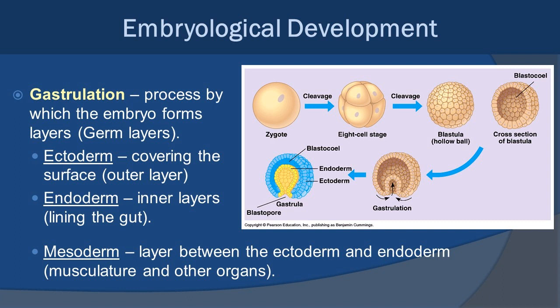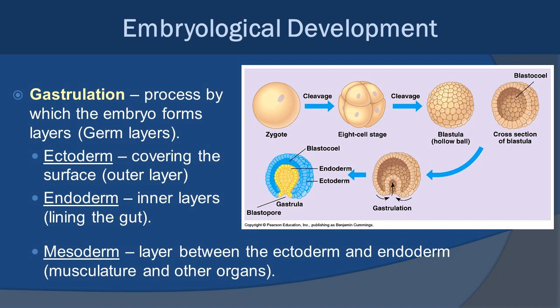Now, there are three different tissue layers that we can talk about. There's ectoderm, which is the covering of the surface, that outer layer. The endoderm, that inner layer that lines the gut cavity. And the mesoderm, that layer between ectoderm and endoderm. And that mesoderm generally will develop into musculature and other organs.